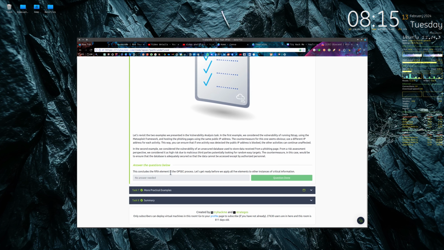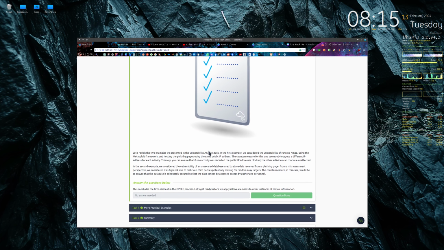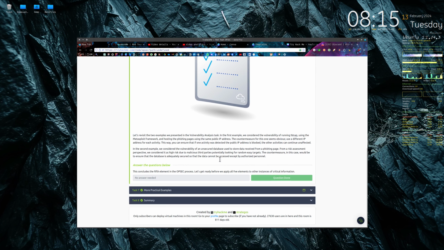Countermeasures. Okay, so these are what you need to do to protect yourself. The final steps are in applying countermeasures. You can read about the DOD countermeasures and design, preventing an adversary from detecting critical information, and so forth. It looks at ways to protect yourself from things like bannergrams and so forth.